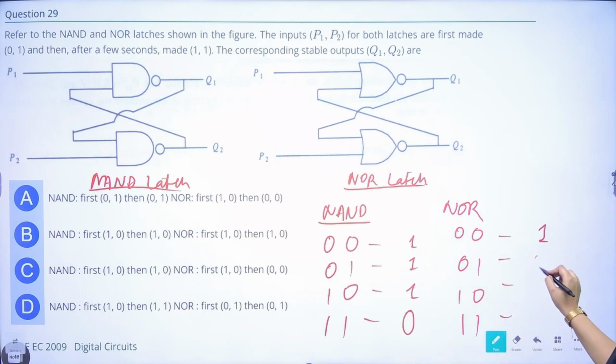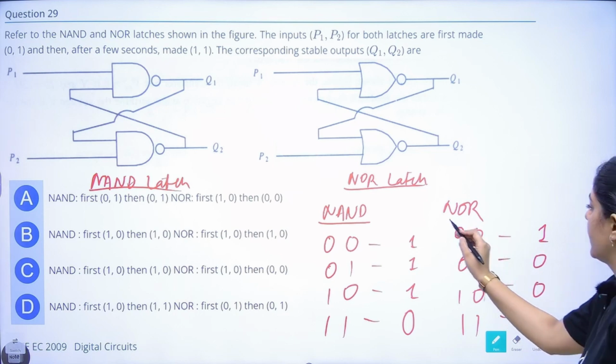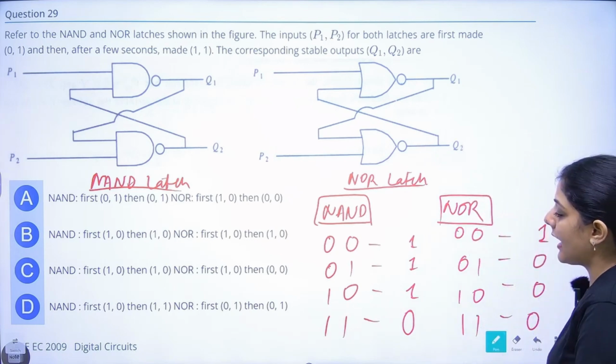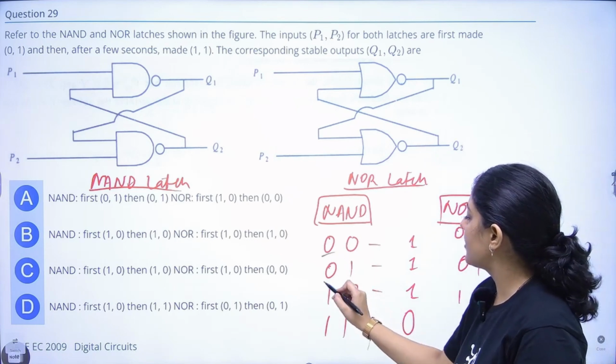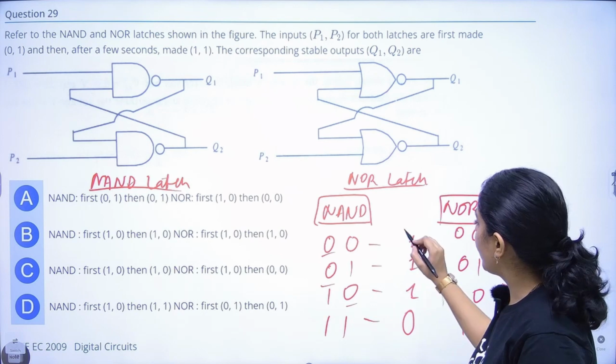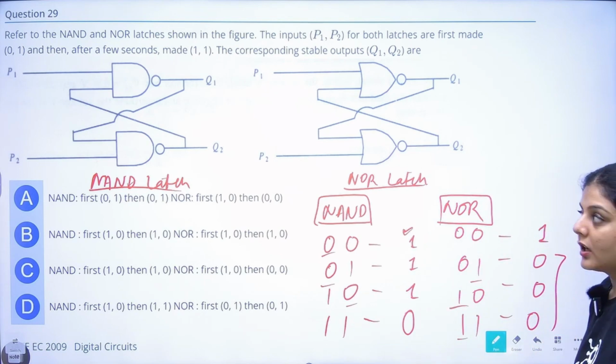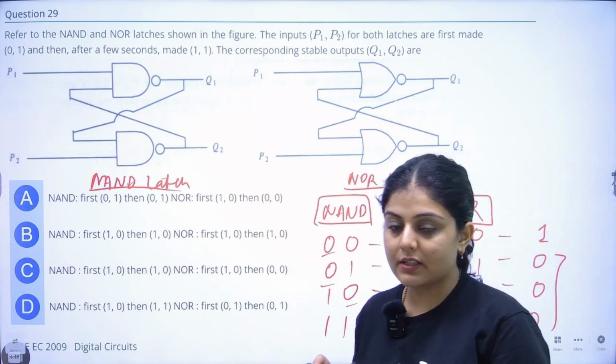So this is 1, 0, 0 and 0. These are the truth tables for NAND and NOR. For NAND, if there is any 0 present, the output will be 1. And for NOR, if there is any 1 present, the output will be 0. Right, this thing is sorted.